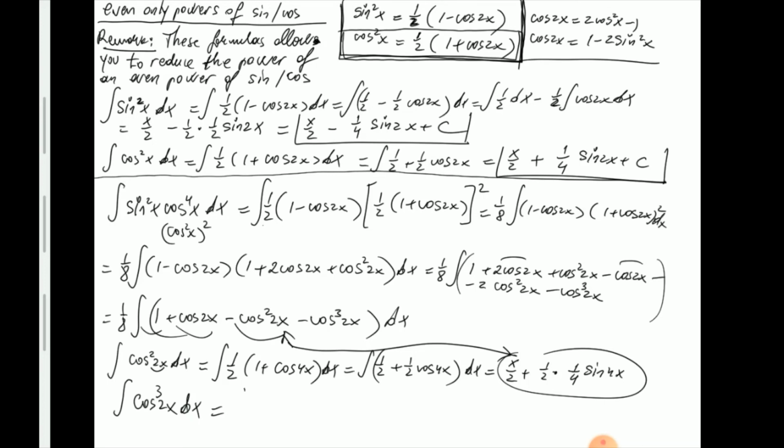But this basically is an odd power of cosine, so this can work with the technique we learned before. Save a cosine factor, and you're going to write cosine squared 2x as 1 minus sine squared 2x. And it will work out by making the substitution u equals sine of 2x, du equals 2 cosine of 2x dx, and of course move the 2 over and so on.